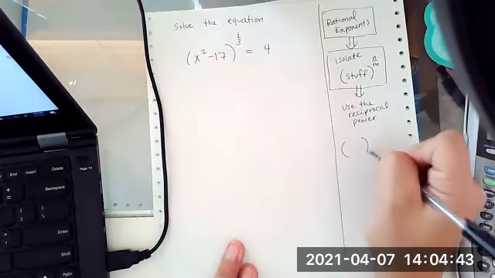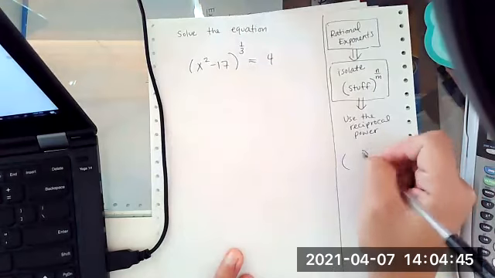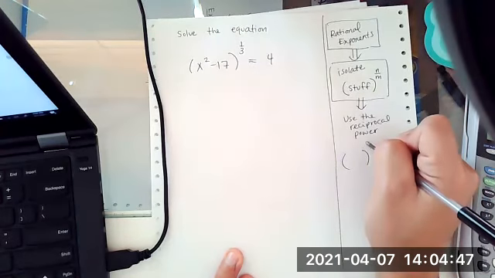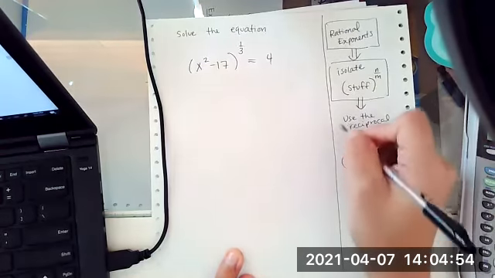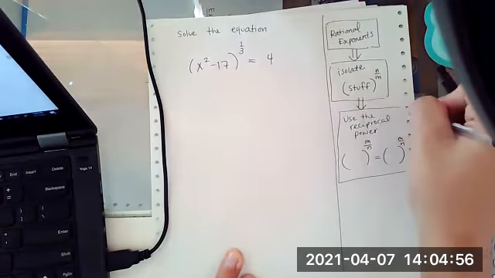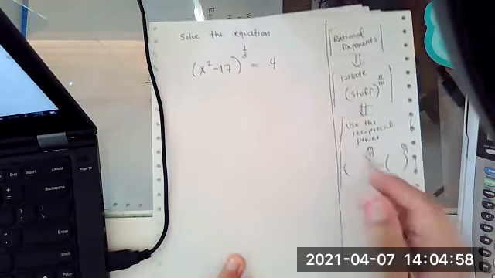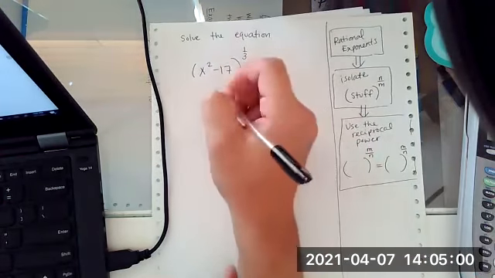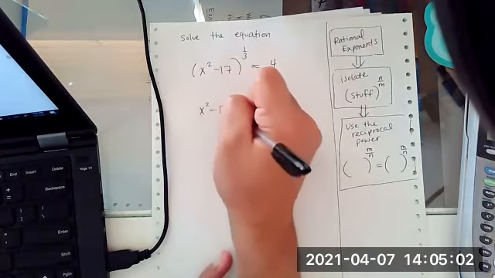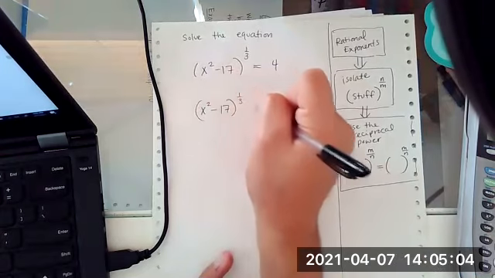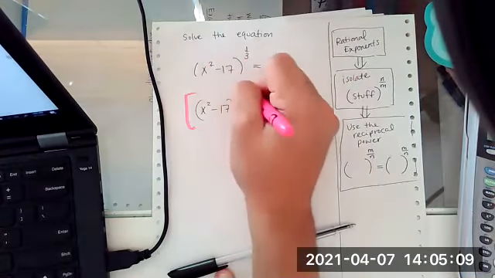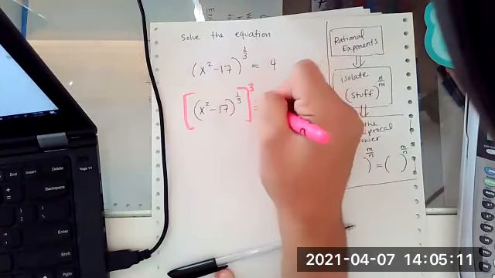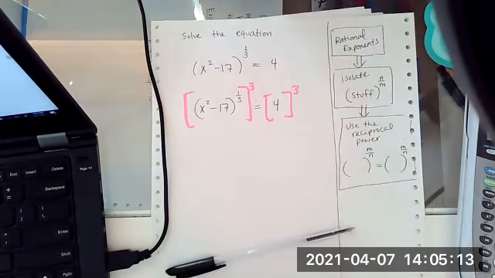Which means that this side of the equation is going to be, let's say, m over n now, and you're going to do that to both sides of the equation. In this case, the reciprocal of 1/3 is just 3. So I would put brackets around here, raise that to the 3rd power, put brackets around here, raise that to the 3rd power.